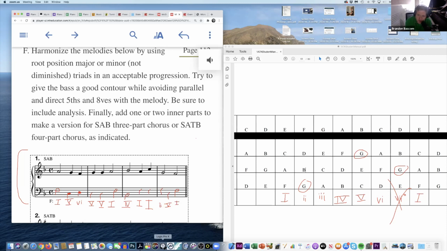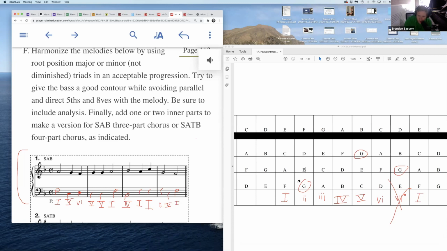Are you ready? How do we want to fill in that one chord? Is this a 3-part texture or 4-part? Let's do 4-part. I think we should put the C in the tenor and then double the root in the alto.